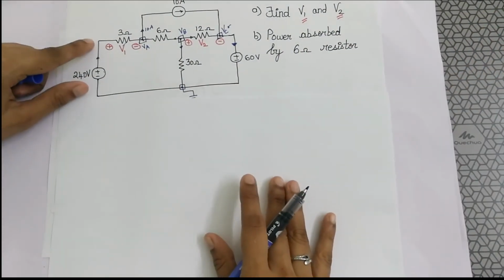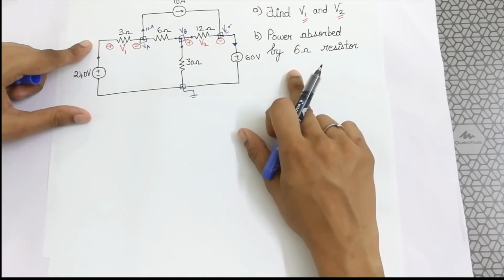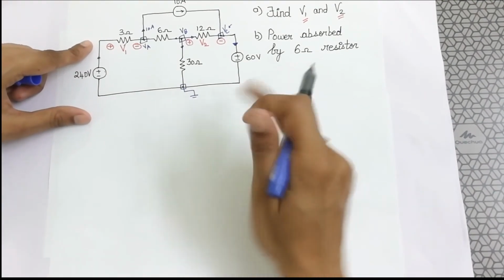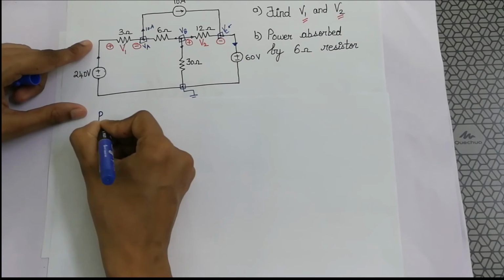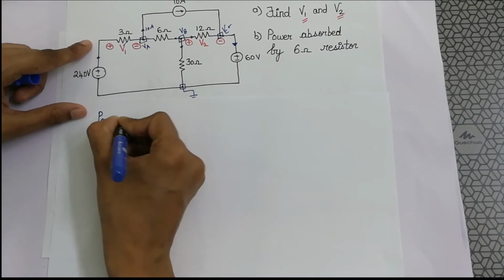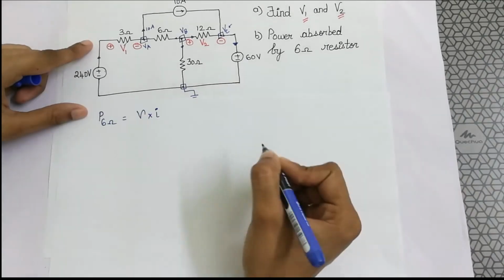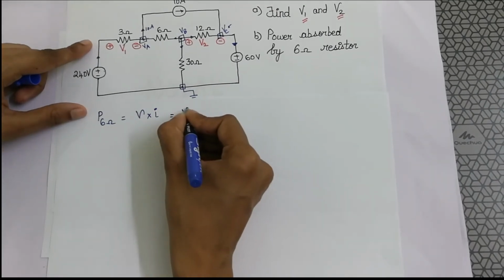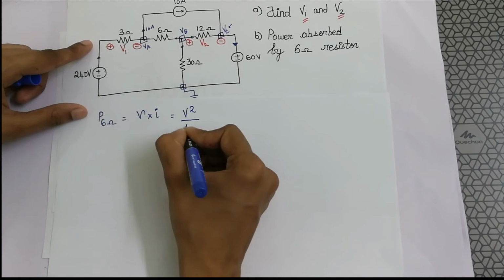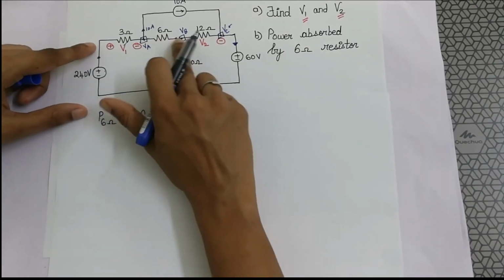In the second subdivision, we are asked to find the power absorbed by the 6 ohm resistor. The power absorbed by the 6 ohm resistor is the voltage across it times the current through it, or in other words, V squared divided by R. What is the voltage across it?